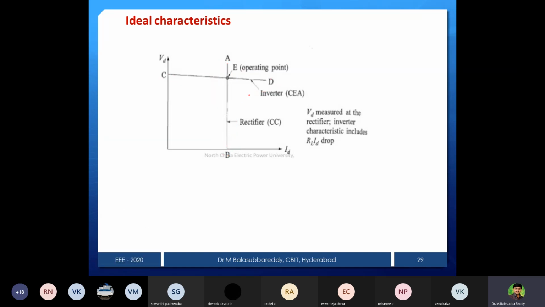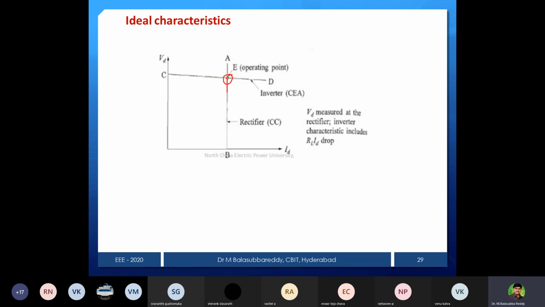Here AB is the rectifier at constant current, and CD is the inverter at constant extinction angle control, and their intersection at point E is our operating point.